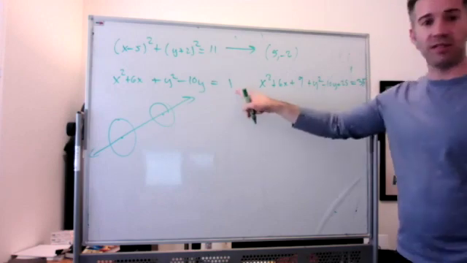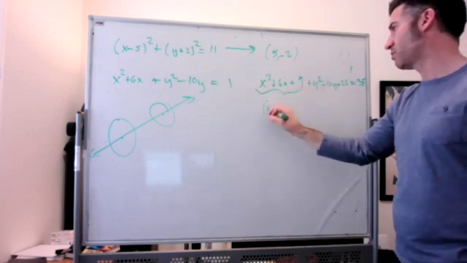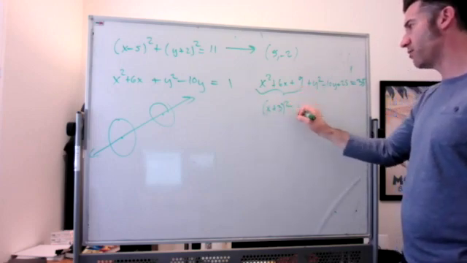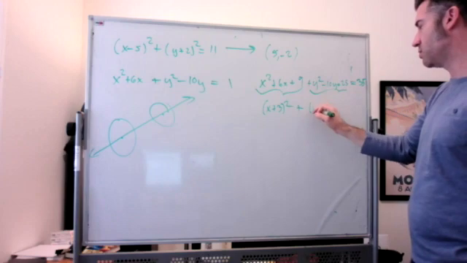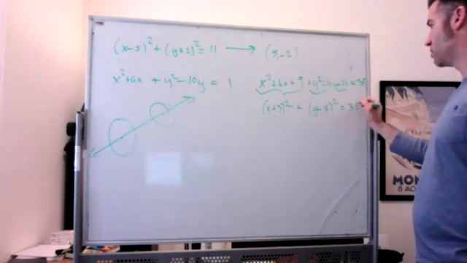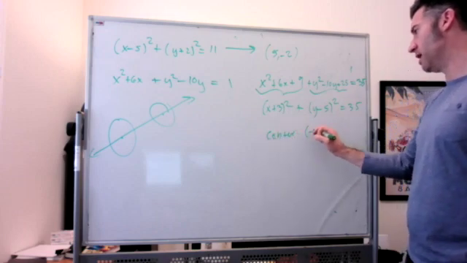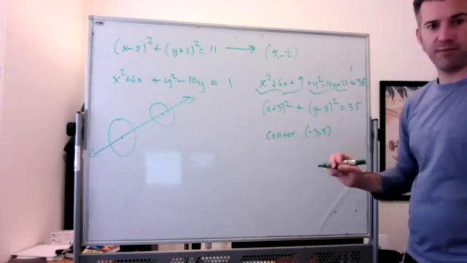Then this is (x + 3)^2 and this is (y - 5)^2. So our center is (-3, 5).